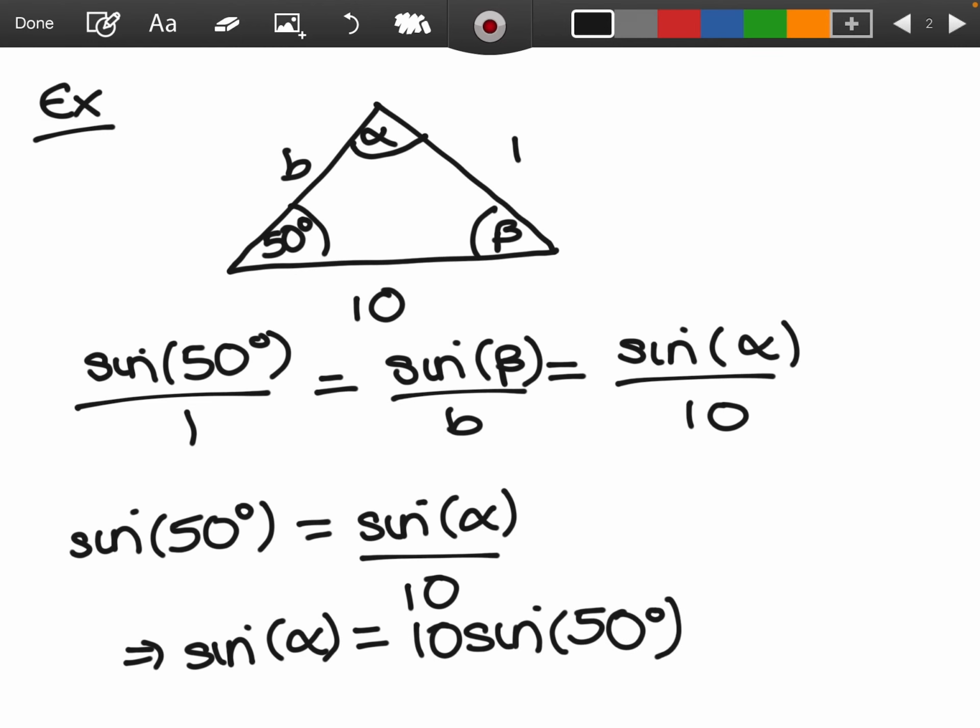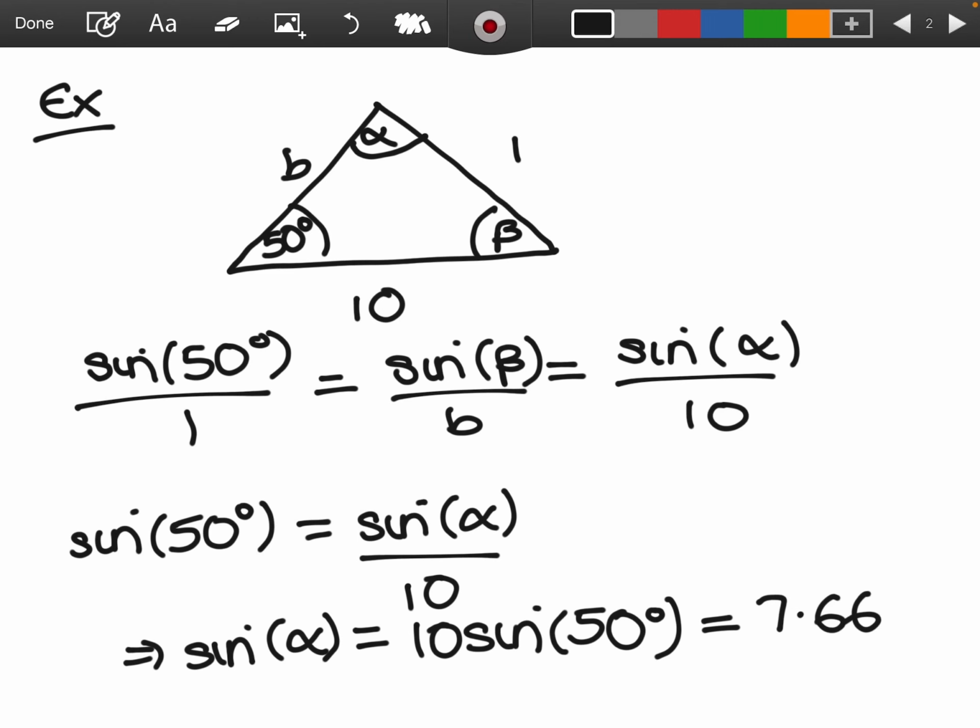Now if I do sine inverse on my calculator of 10 sine 50, you can go ahead and find that 10 sine 50 is 7.66. If I try to do sine inverse of 7.66, I'm going to come across a problem. You can type it into your calculator. That's what I would do in order to find alpha.